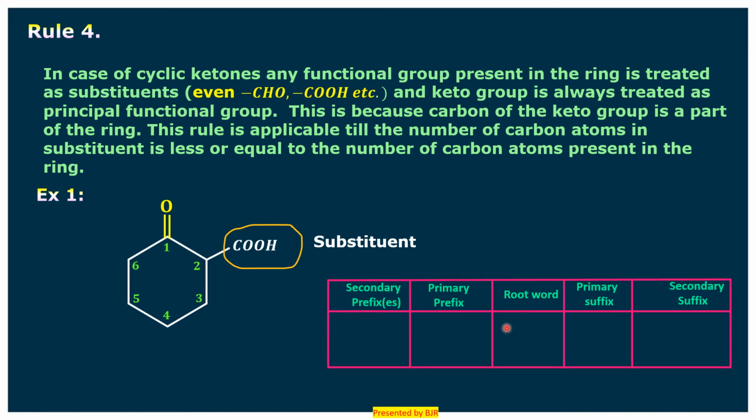Root word: in this alicyclic ring 6 carbon atoms are there, so hex, primary suffix "-ane", primary prefix cyclo. Secondary suffix: the ketone functional group is the principal functional group, so it is "-one".